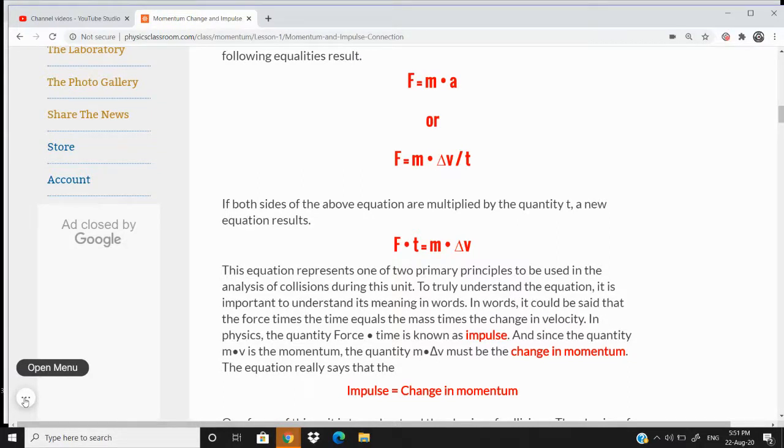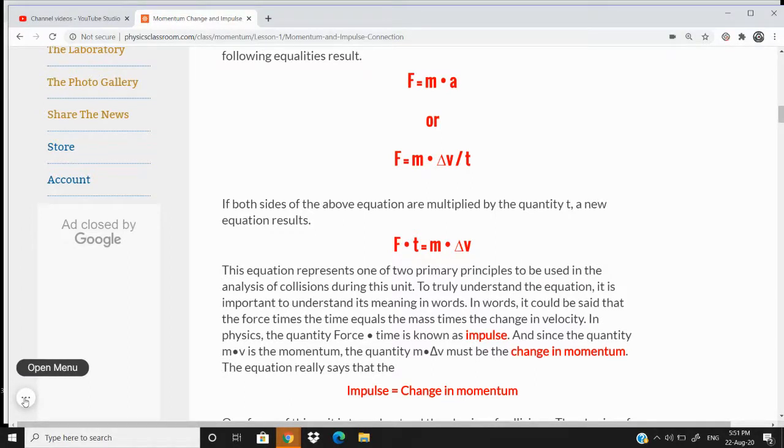Okay. Now we are going to derive a relation between the force and momentum. We know the equation of force: F is equal to mass into acceleration, that is F is equal to ma. We know that acceleration means change in velocity divided by time interval.